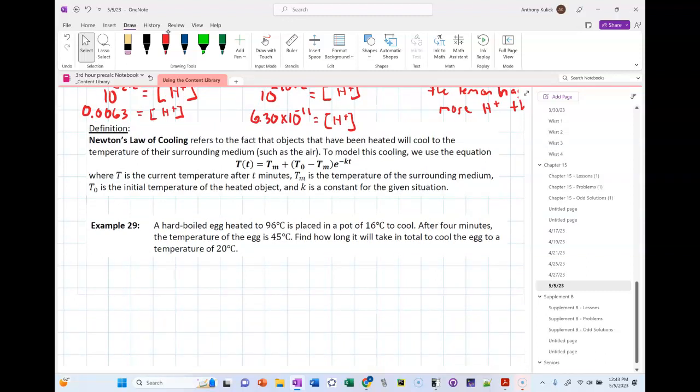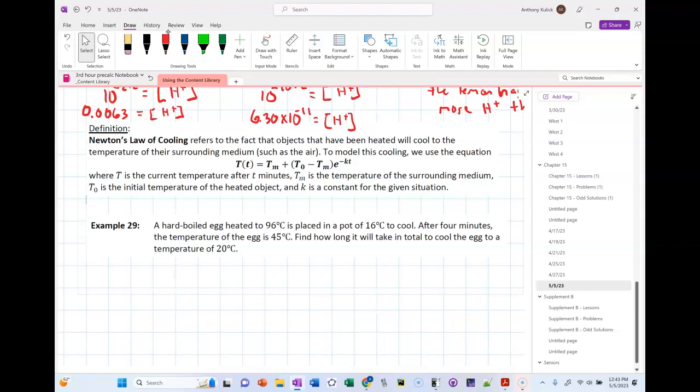All right. So we had talked about this Newton's law of cooling, and we're just ready to start the example. So we say that a hard-boiled egg is heated to 96 degrees Celsius and is placed in a pot to cool. That pot is 16 degrees Celsius. I assume it's filled with water.